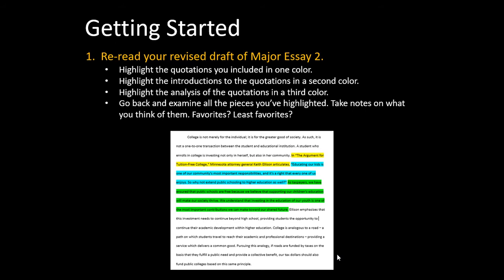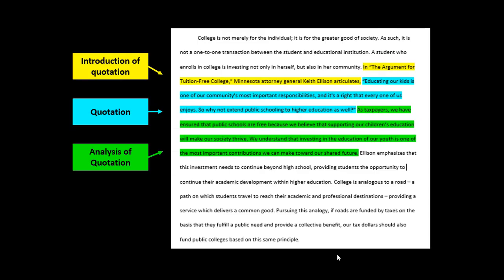Go through and highlight the quotation itself in one color and the other pieces in another. When you run into a quotation, highlight the introduction of the quotation in one color. In this case, I highlighted it in yellow. And then I highlighted the actual quotation itself in blue. And then I highlighted the analysis of the quotation in green.